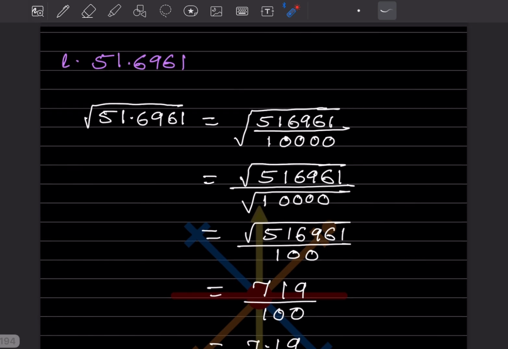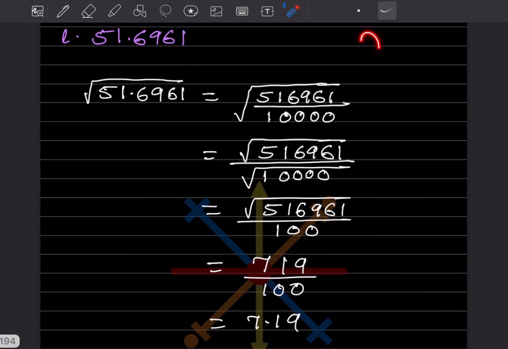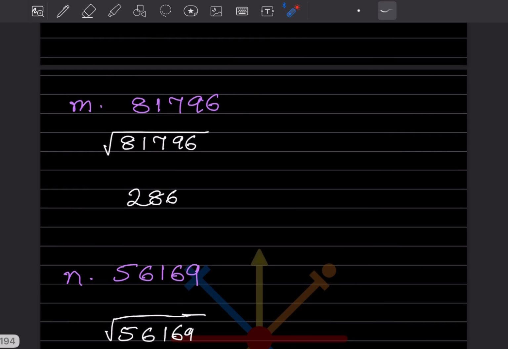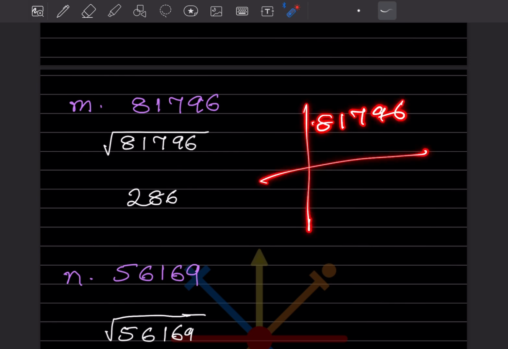Same here, the number is different. So now see, I'll show you: you are going to divide it by 1 and 4 zeros. Here I have done it directly, but you can also do that by taking the long division. You have to form pairs, you get 286.